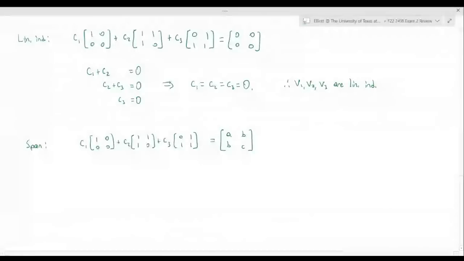Now, again, we can convert this into a system of equations. We'll have the same left-hand side as before, but the right-hand side, rather than being 0, now we have A, B, and C on the right-hand side, okay?